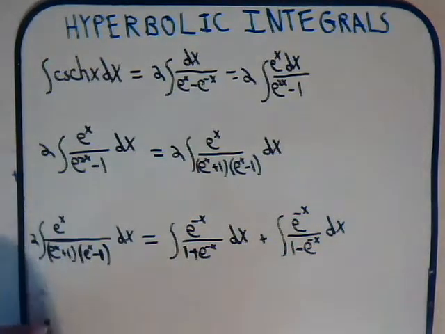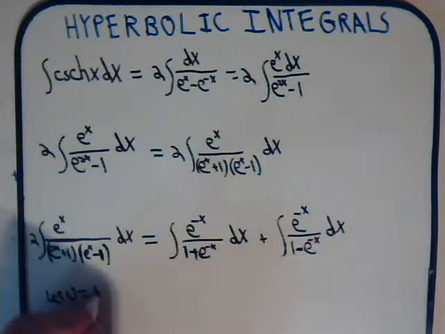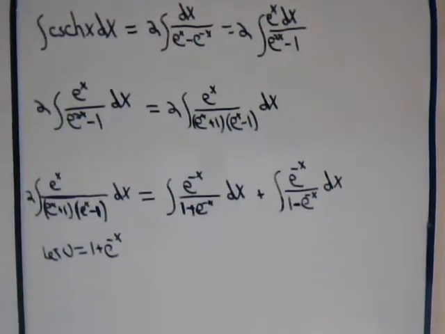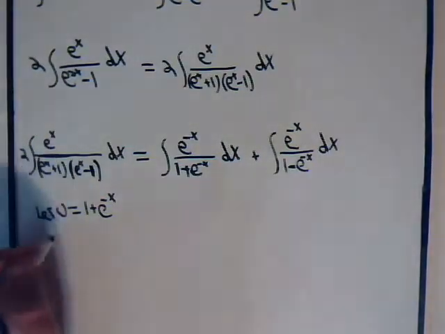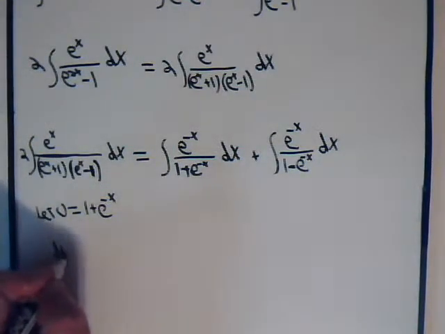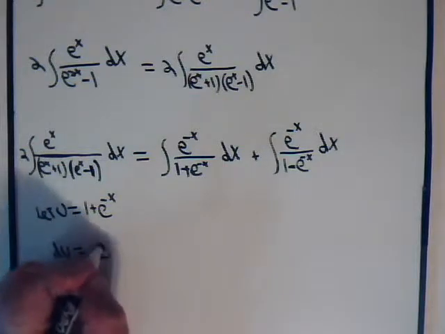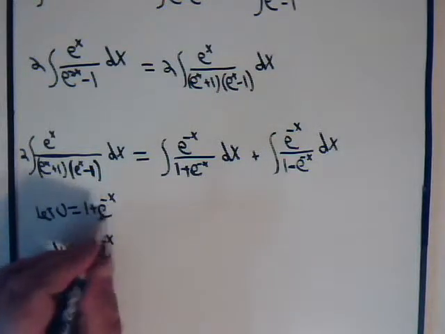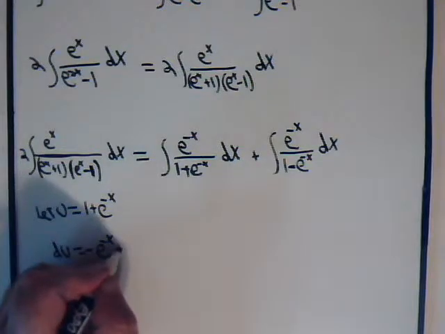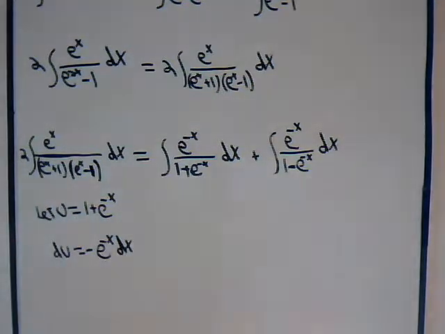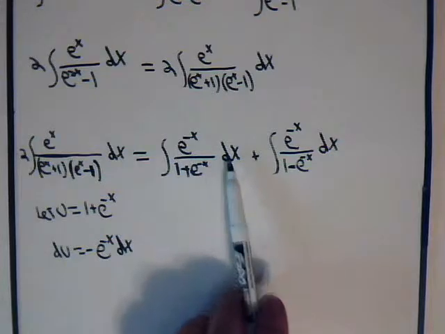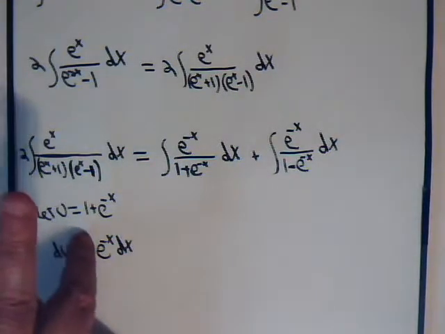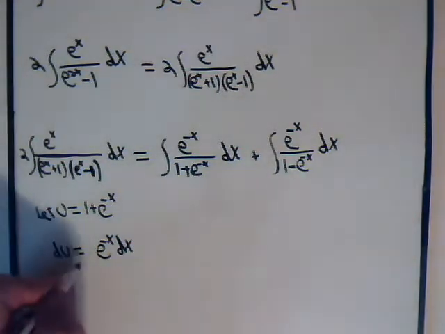For this integral, we say let u equal 1 plus e to the minus x, then du will equal e to the minus x, and then we'll have minus dx. But up here we have plus e to the minus x dx, so we'll multiply both sides of this equation by negative 1.